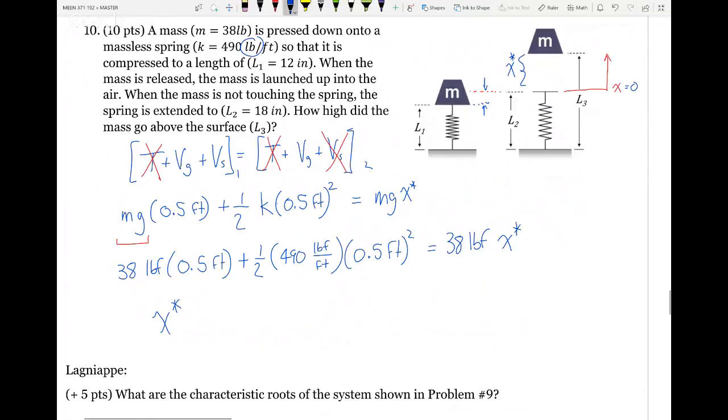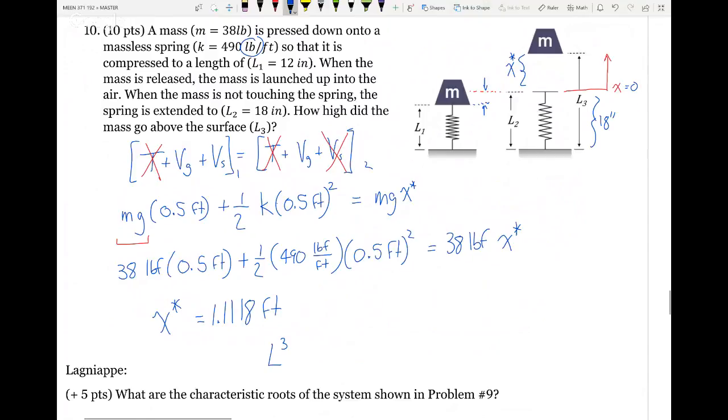So we've got this x star, we could say, is 1.1118 feet. And notice that L3 is going to be this 18 inches plus whatever this x star is.